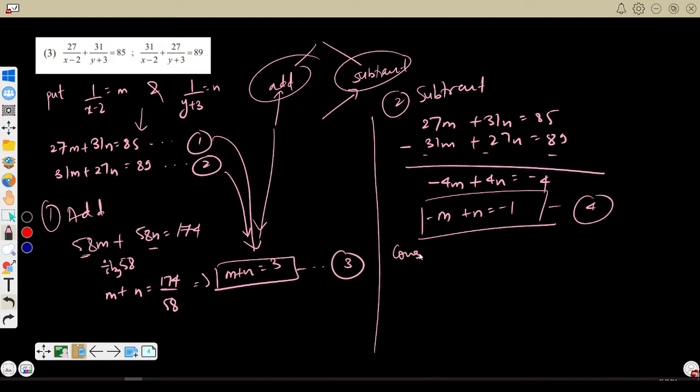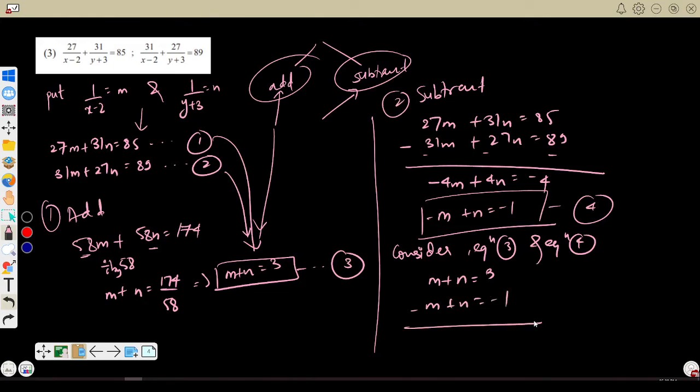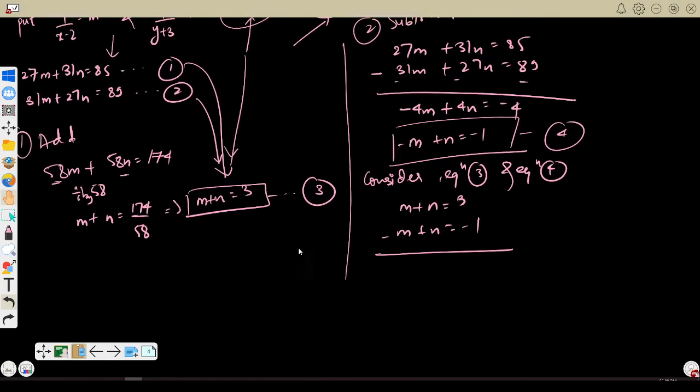Now consider equation 3 and equation 4. I'll copy the equations. Equation 3 was m plus n is equal to 3, and the fourth equation is minus m plus n is equal to minus 1. If you observe this, the coefficient of m is 1 in the first equation, and in the second the coefficient is minus 1.